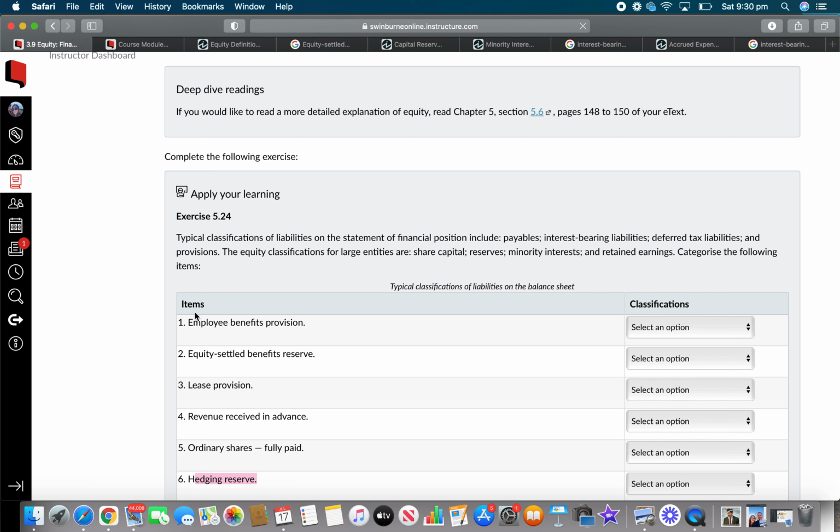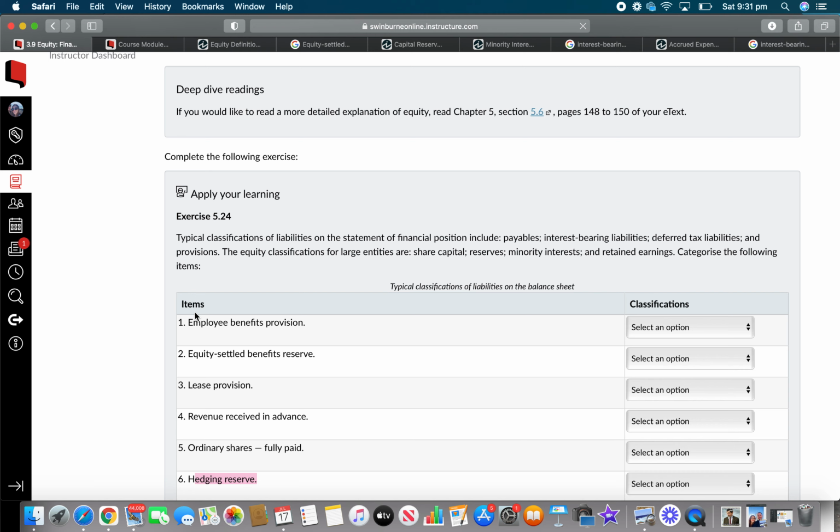So again, equity, our main two things are our capital and our retained earnings that you'll be seeing in this. Capital is your owners of that company. What are they injecting? What are they taking away? So what's their net position in that company? And then our retained earnings is looking at our profit and loss, and we're funneling in that profit or loss that has been incurred during that year.